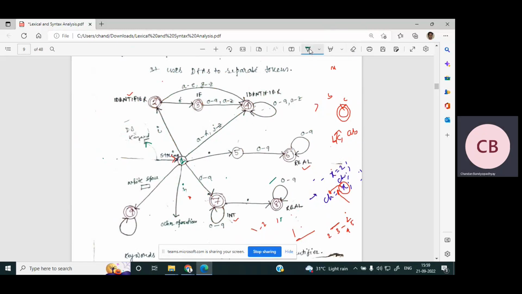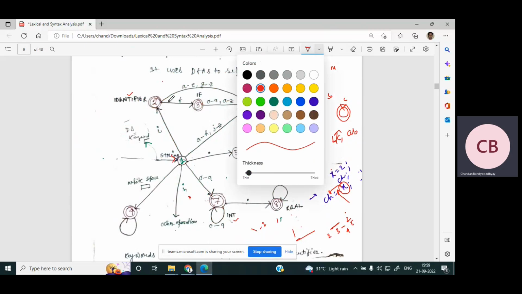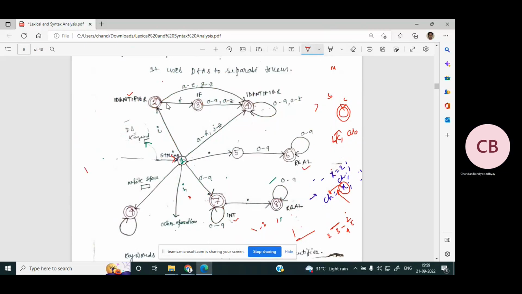Now, I have taken this declaration: integer 1a semicolon. My intention was actually to write integer a1, but I had written integer 1, then a, and then semicolon.